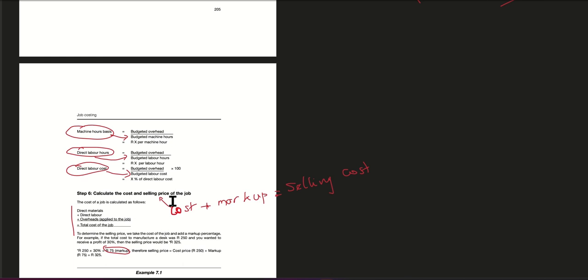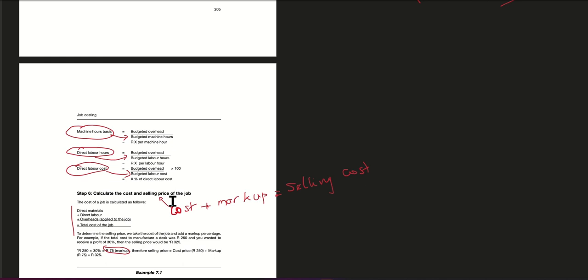The same would be for direct labor. If they say the basis on which they did the allocation of overhead is the direct labor hours, good. Then you take the budgeted overhead that you've been given and divide it by the budgeted labor hours.